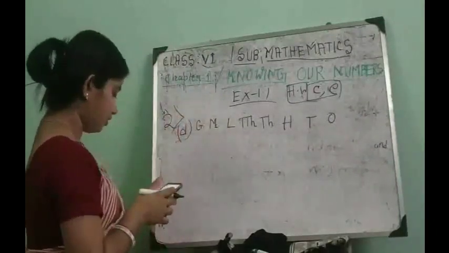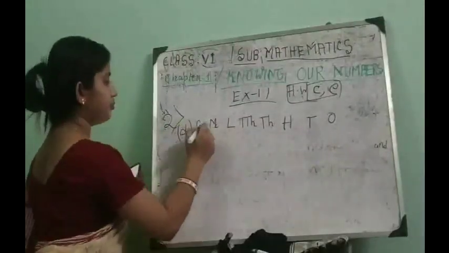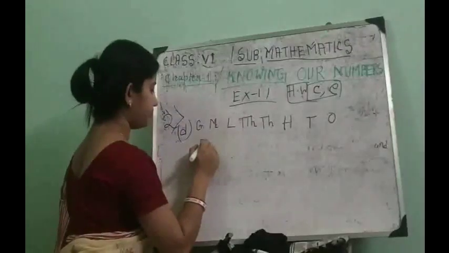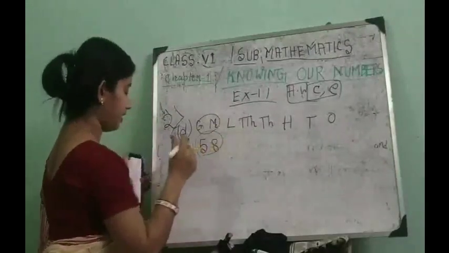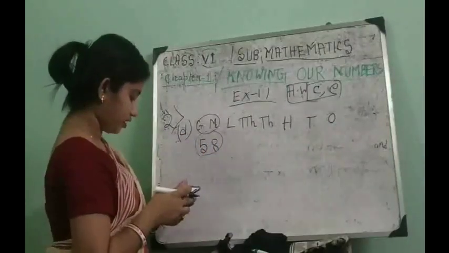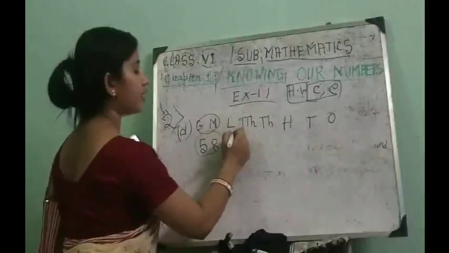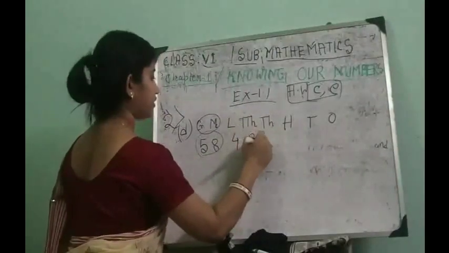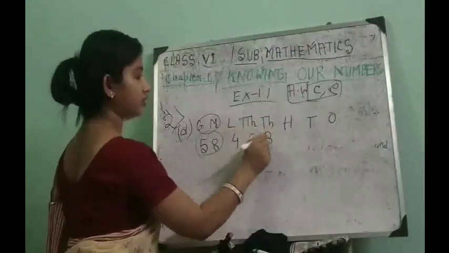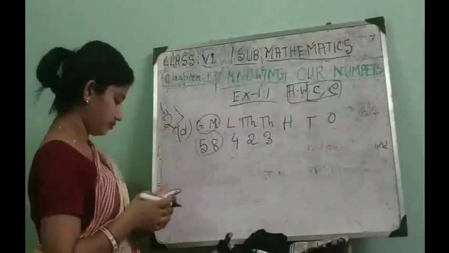Here given 58 million. 58 million means 58 million. 423,000. That means 423. This is 1000 place. So this is 423,000.